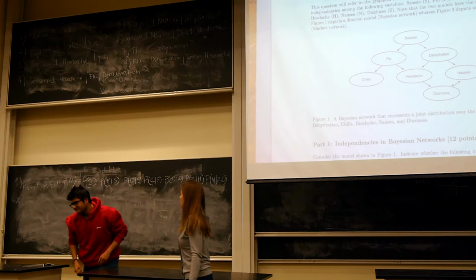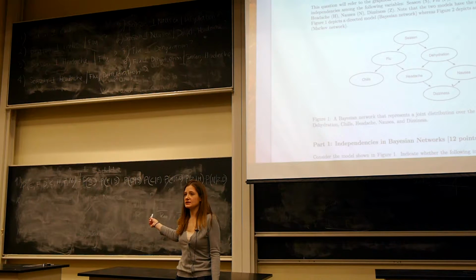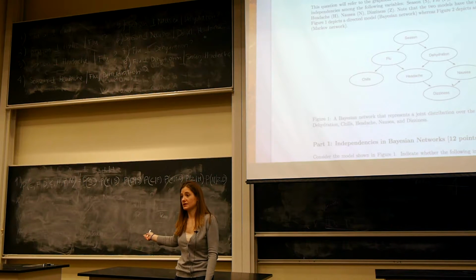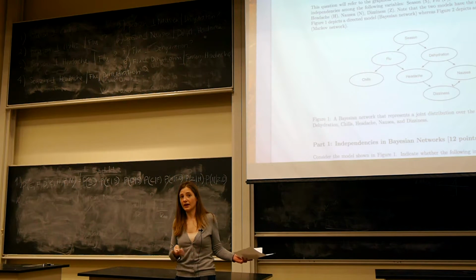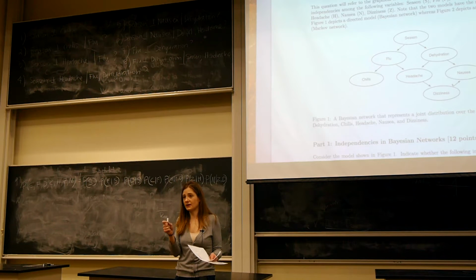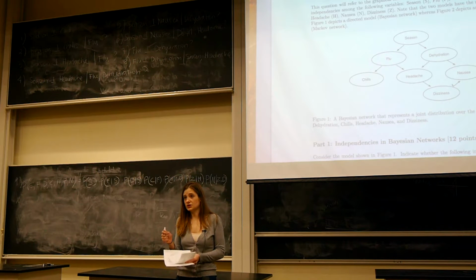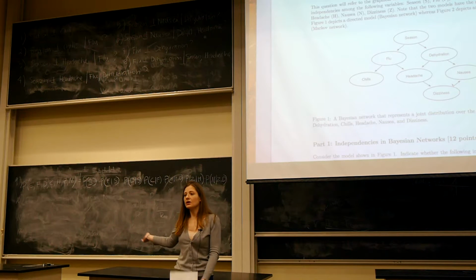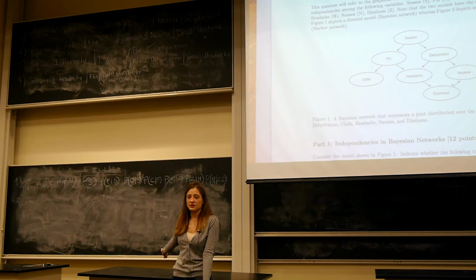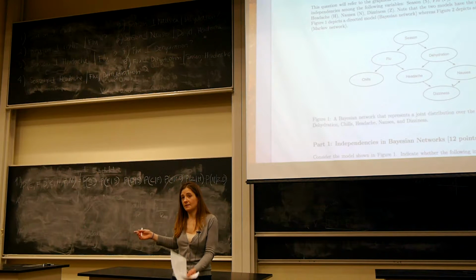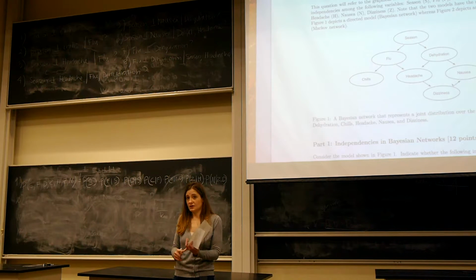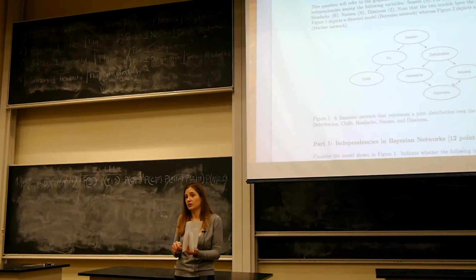Okay. So it's very easy to just remember how to write down the factorized form of the distribution by looking at the graphical model, right? You take each node, you look at its parents, and you write a big product of the probability of each node given its parents. If you for some reason forget how to do this, you can also derive this from the chain rule and the independencies that you can read from the graph, right?